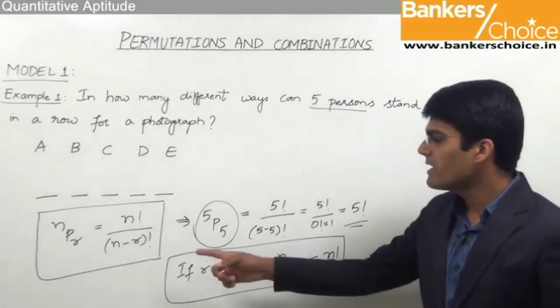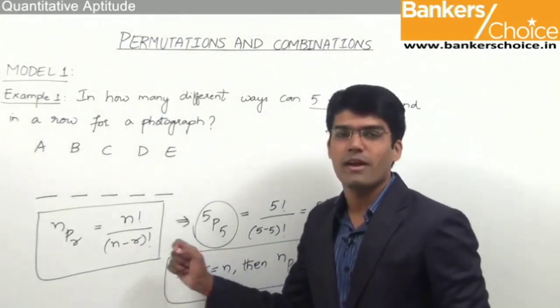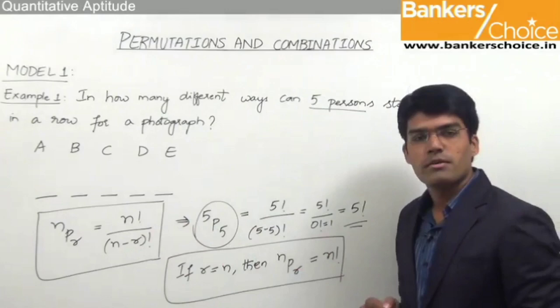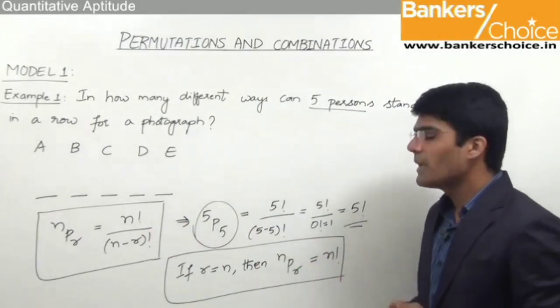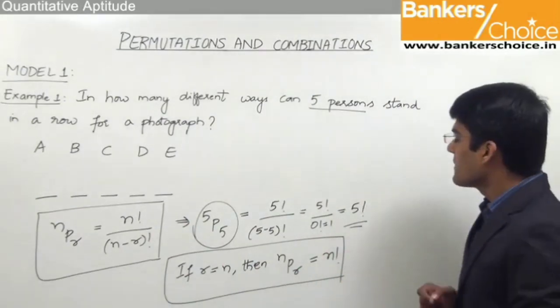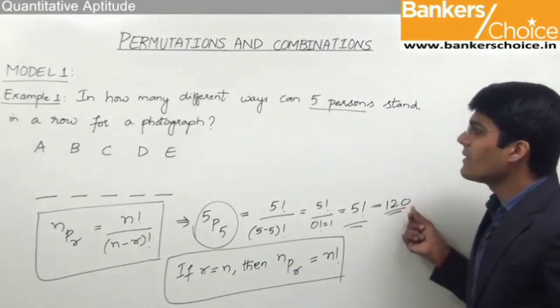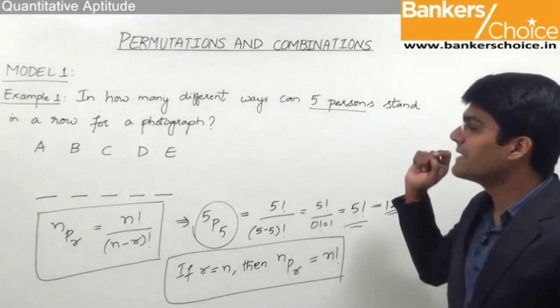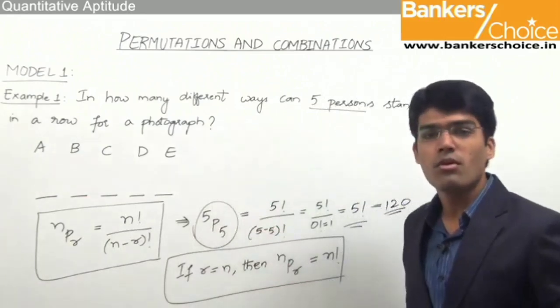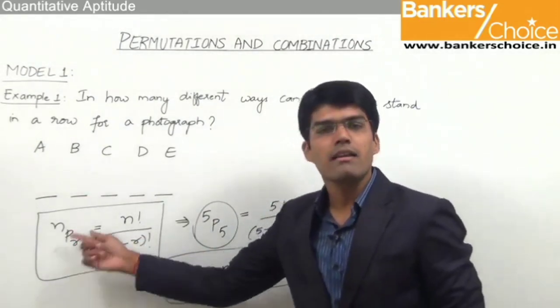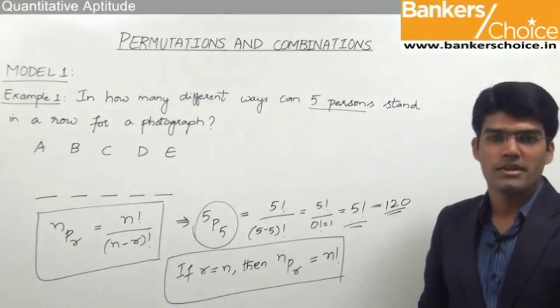Why? Because the denominator will have 8 minus 8, that is 0 factorial, or 12 minus 12, 0 factorial. So this is one very important point, that if r is equal to n, nPr will be equal to n factorial. So the answer for this question is equal to 5 factorial, that is equal to 120. So we can say there are 120 different ways in which these 5 persons can be arranged in a row for a photograph. So that is how we can apply nPr to get the answer for the number of permutations.